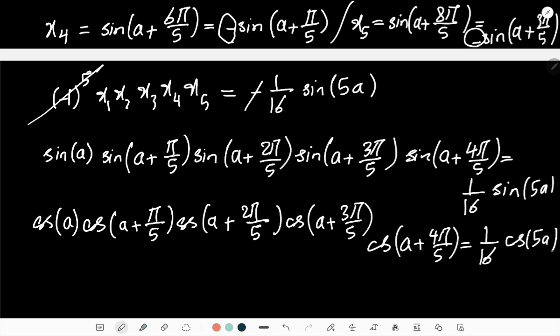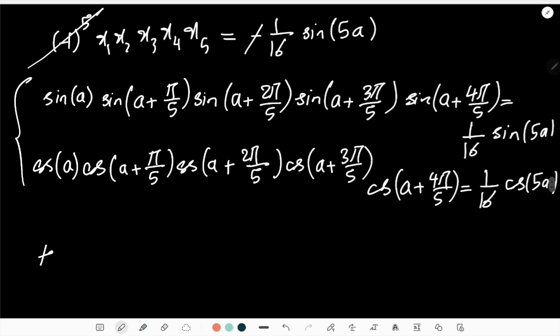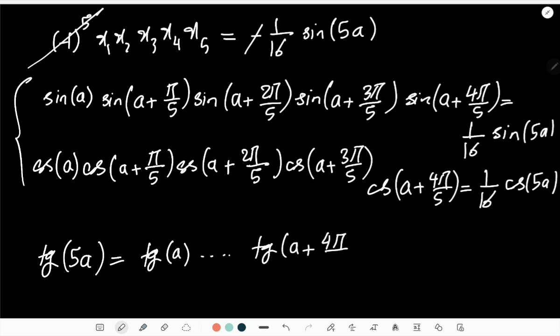And similar to what we had for tangent of 3a, we just basically divide both sides of these equations. And then I get tangent of 5a is equal to tangent of a all the way to tangent of a plus 4 pi over 5.